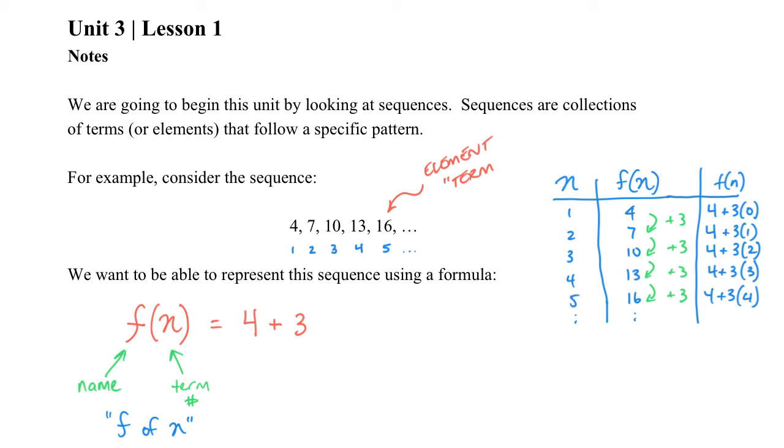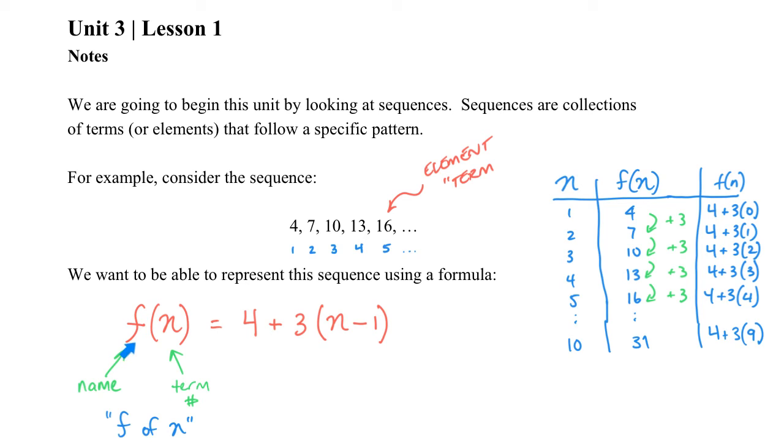If I wanted the 10th term, that would be 4 plus 3 times 9, which is 27, and 27 plus 4 is 31. So how do I generalize that over here? I'm multiplying by whatever my term number is minus 1. And there's my sequence.